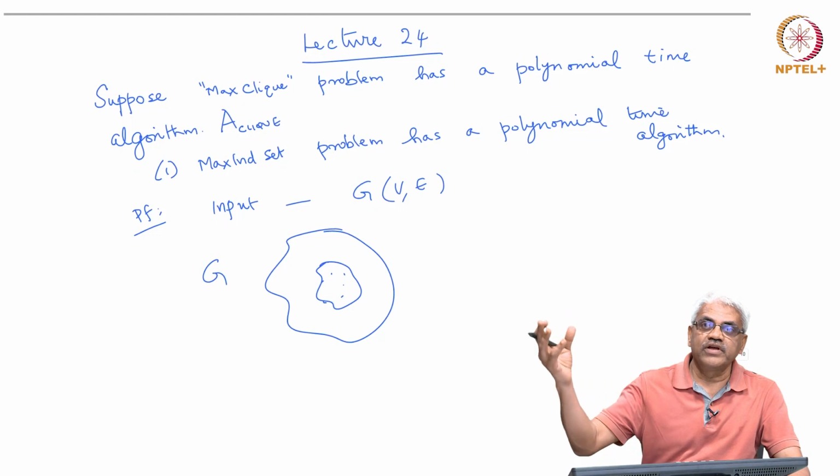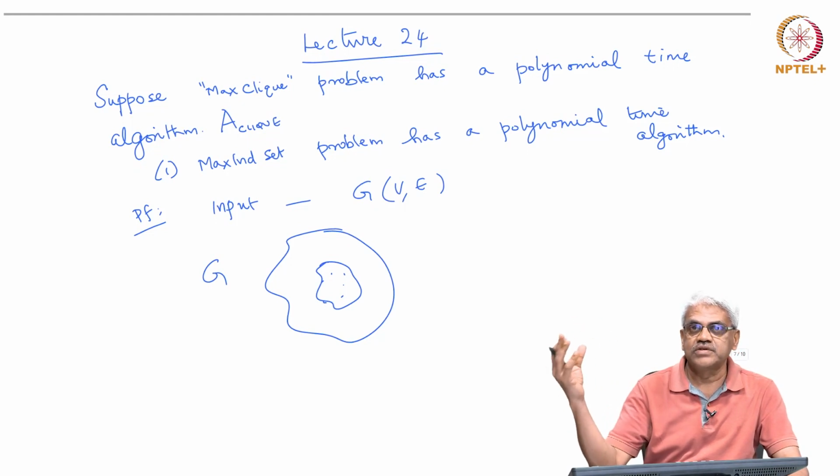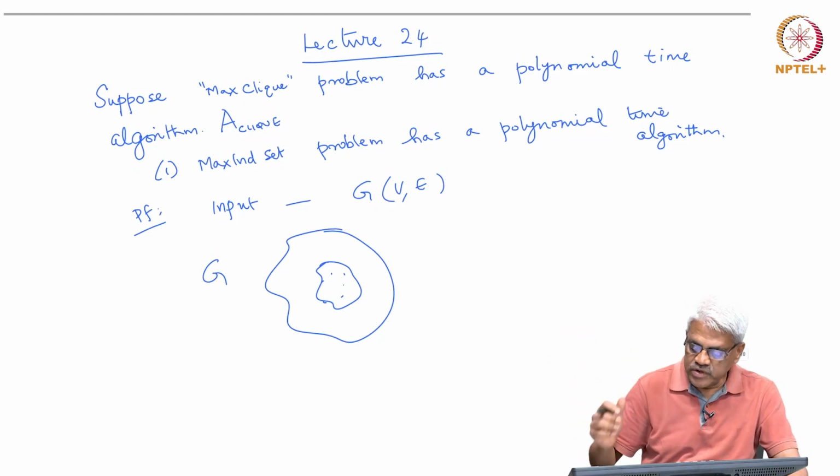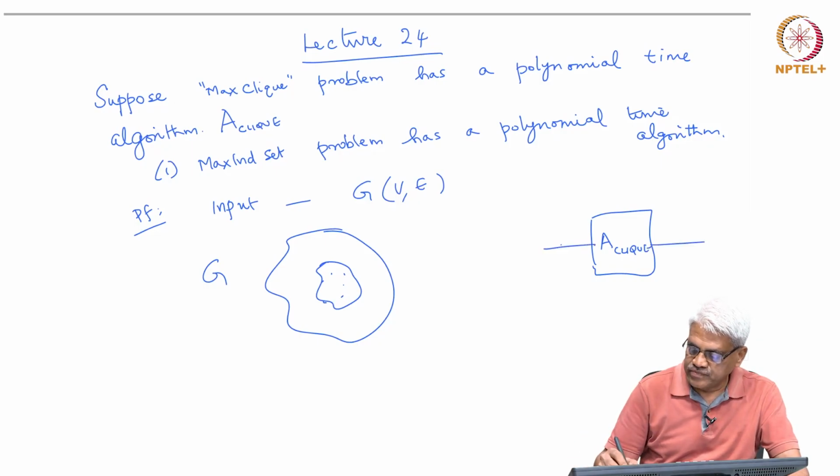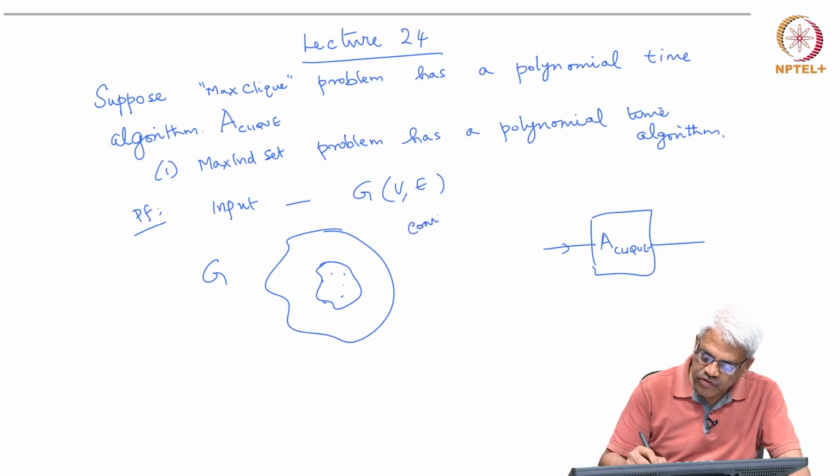But suppose somebody gives me a max clique algorithm as a black box, can I use it? Turns out yes. Here is my max clique algorithm, which will take some graph and give you a max clique. To the max clique algorithm, I am going to give the complement of G.